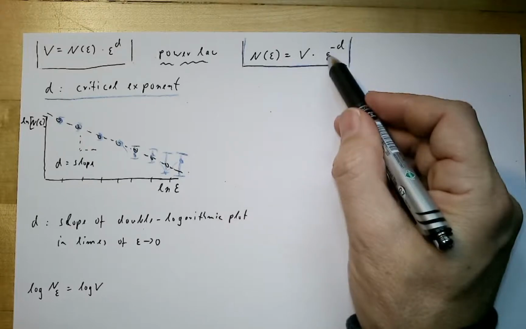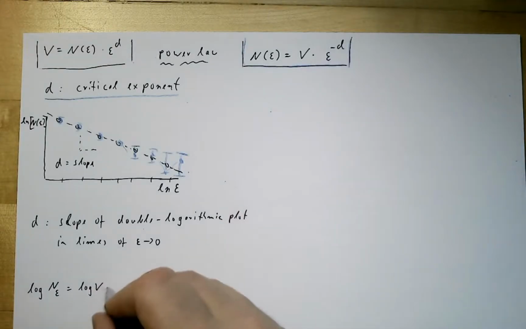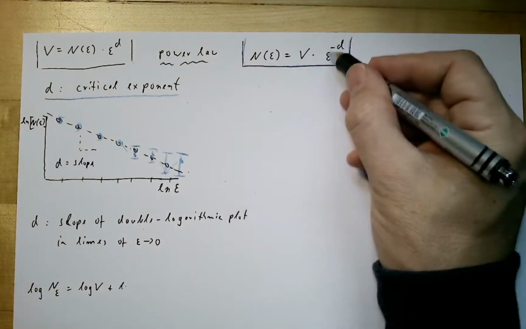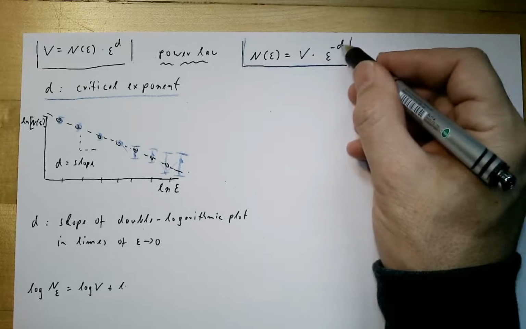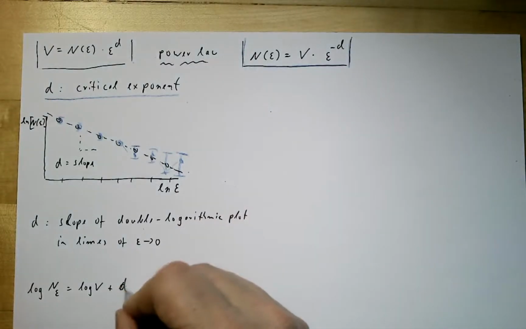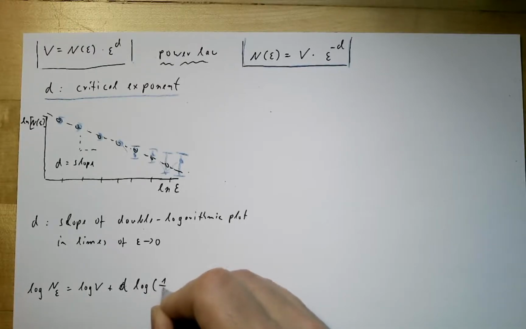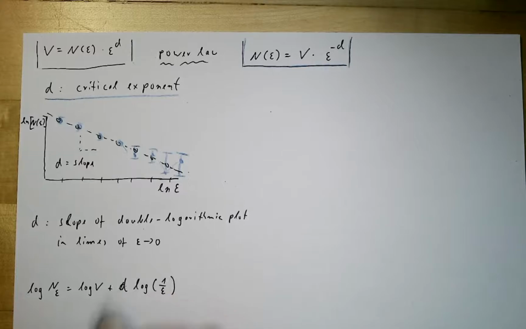And now I want to have a positive d, so I can do this by taking this as 1 over epsilon to the power d. Then I take the log, then I have d times log of 1 over epsilon, so I have a positive sign here. And now you see when we take the limit epsilon goes to 0, then this n goes to a very large value, and log of 1 over epsilon also goes to a very large value.